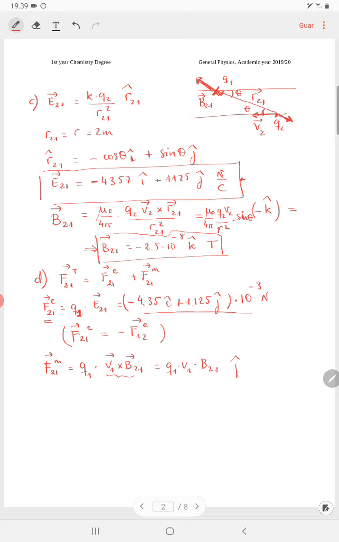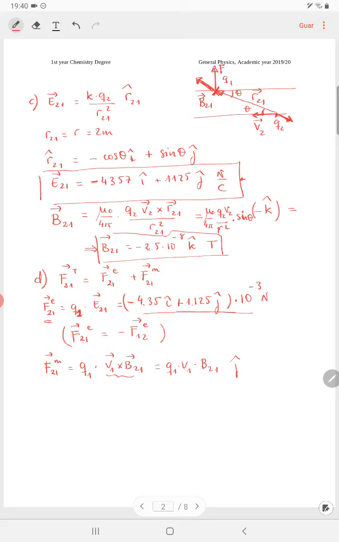To know that, we use the right hand rule. We place the velocity of 1 in the index finger, so it's going to the right, and then we place the middle finger pointing into the screen, so our thumb is left pointing in this direction.